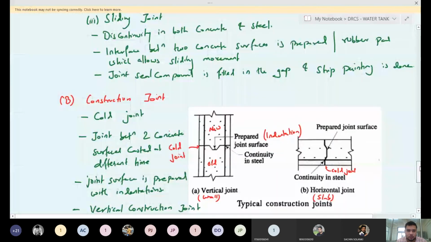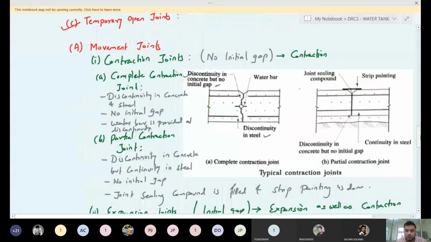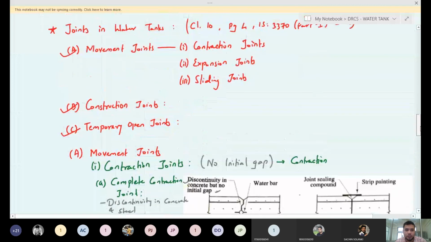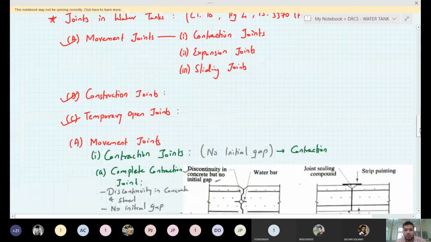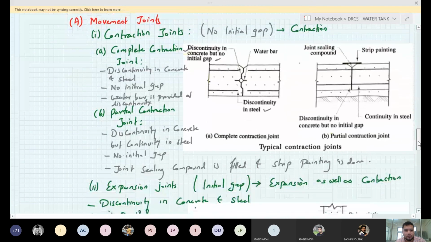So these are the different types of joints to be used in water tanks. It can be a movement joint, construction joint, or a temporary joint. The movement joints can again be classified as contraction joint, expansion joint, or sliding joint. If you talk about contraction joint, we can have complete contraction joint or partial contraction joint.